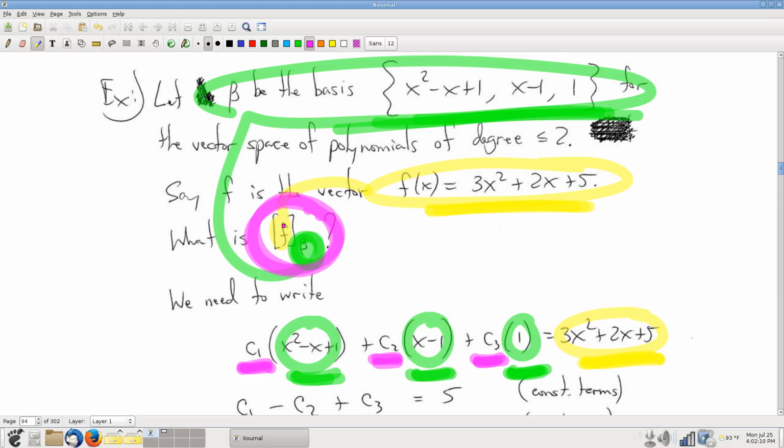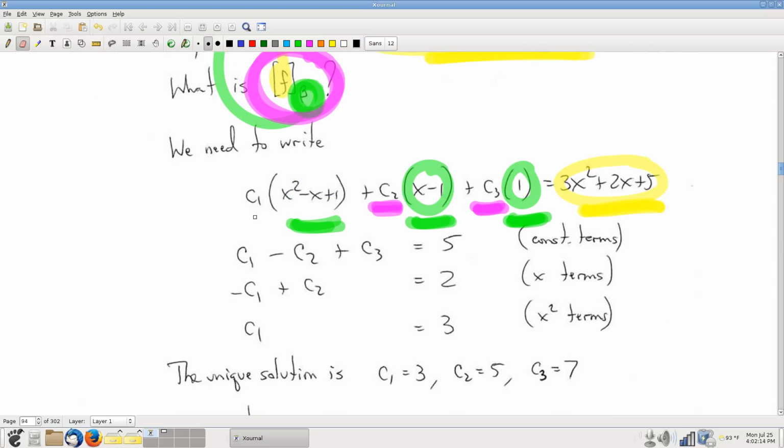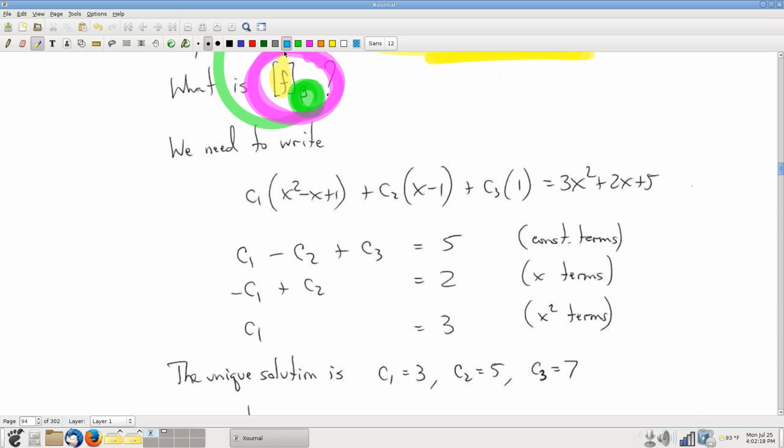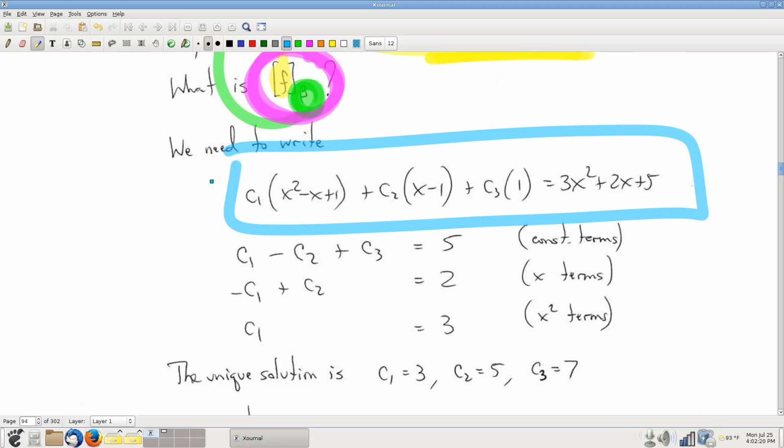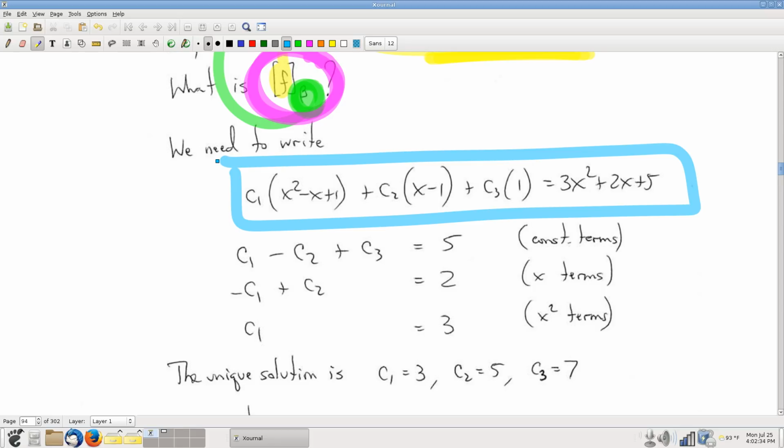Okay, so said differently, now we just need to solve this equation here for C1, C2, and C3. Do keep in mind that this has to be true for all values of x, so we're not solving for an x here. We're not looking for an x that makes this equation true. I need this to be true for all values of x.